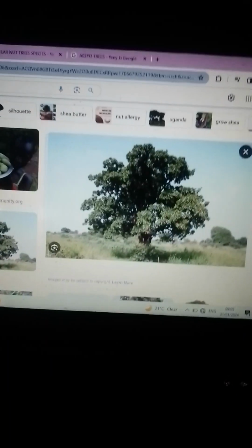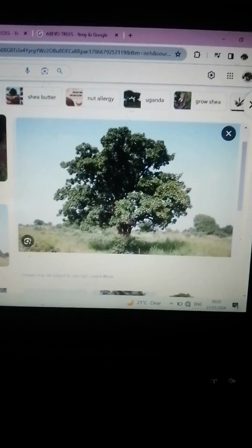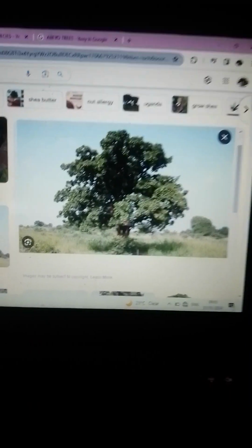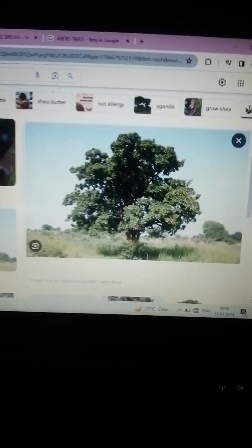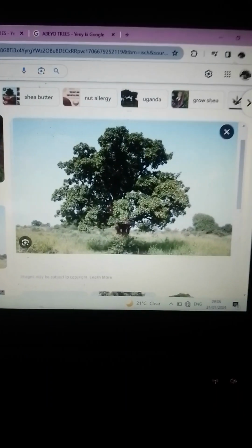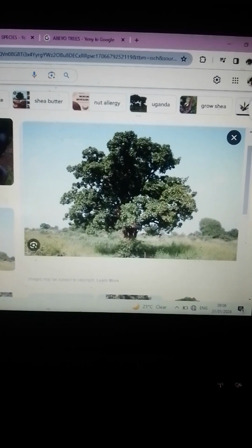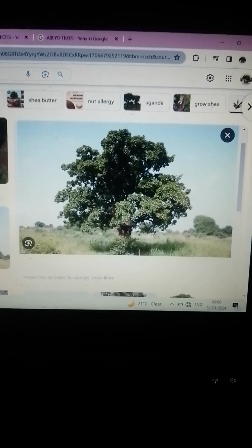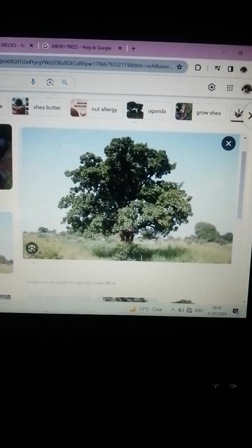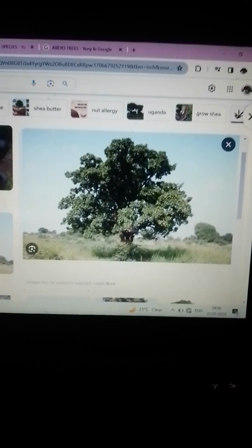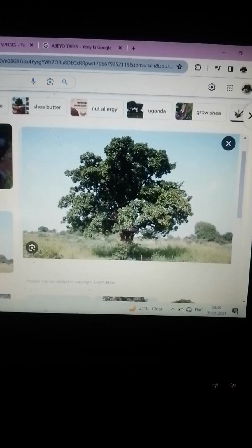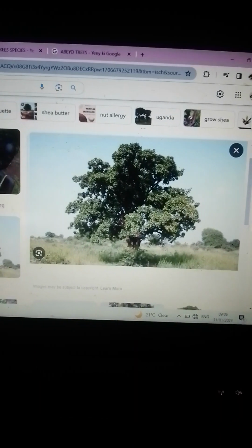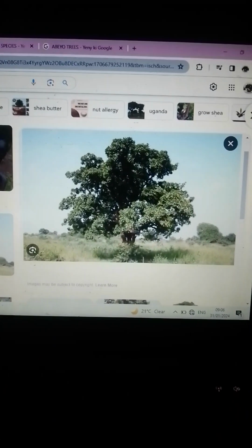And now, ladies and gentlemen, when the shea nut tree, or the Vitellaria paradoxa, begins to flower, it attracts very many insects, including bee swarms that will always want to come for the nectar. The flowers have a very nice smell, so it attracts a lot of insect species, especially the bees.